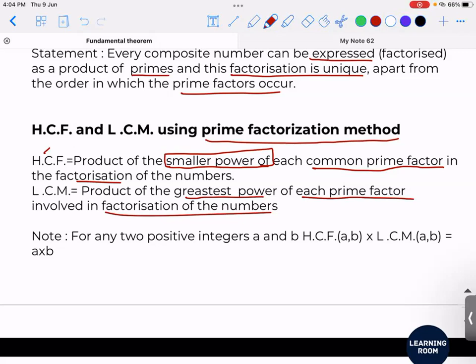The product of those two numbers, provided they both are positive integers. So, if you have two positive integers, and you find their highest common factor and their least common multiple, the product of these two should be equal to the product of those numbers. Right? Should we try that?